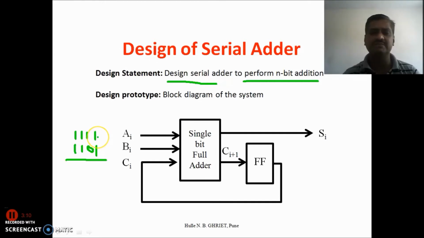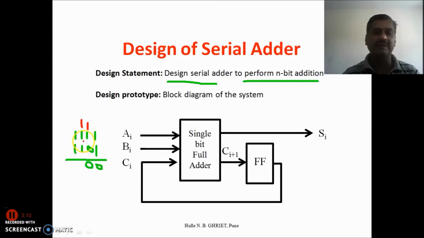Here we are using simple mathematics. 1 plus 1 is 0, and the carry is 1. 1 plus 1 is 0, and the carry is 1. In the next step, we are adding 1 plus 1. Again, it is 0 and the carry is 1. Now here we have the carry as 1.